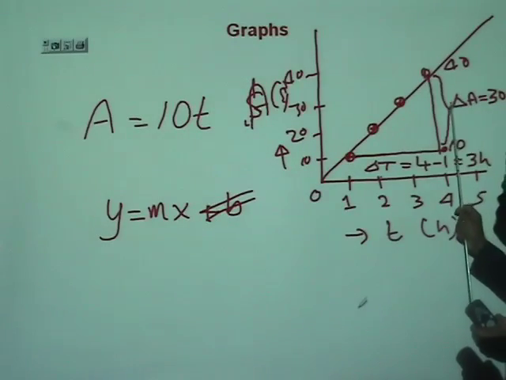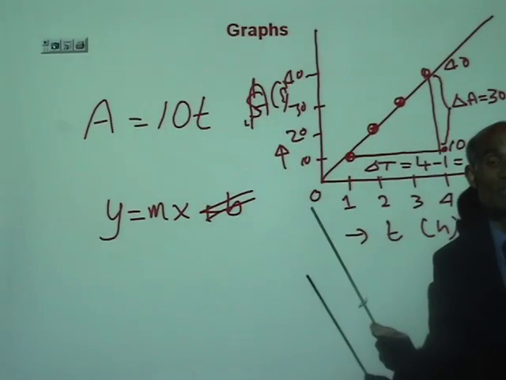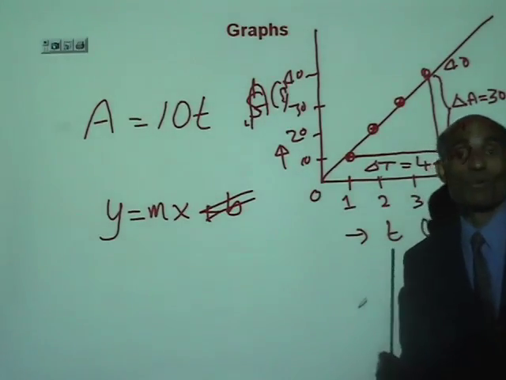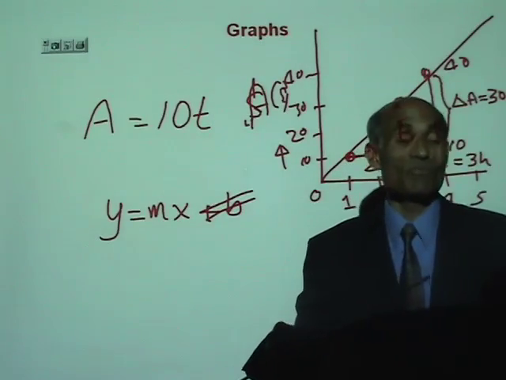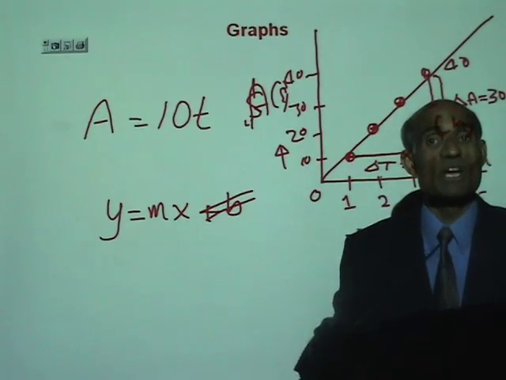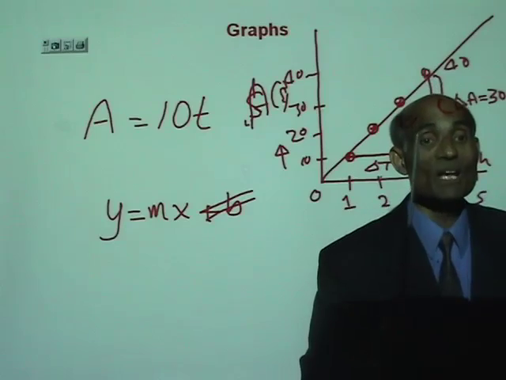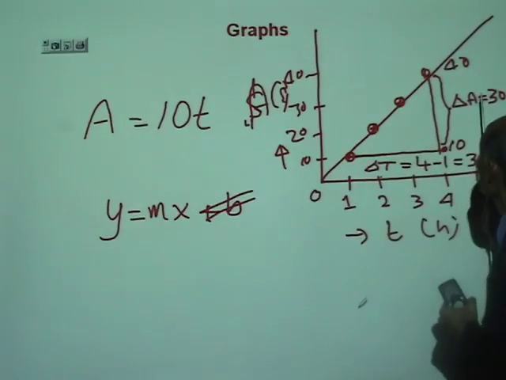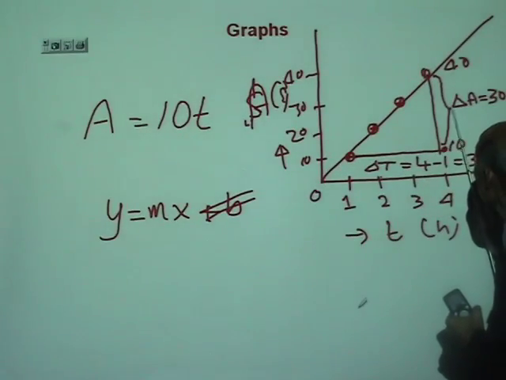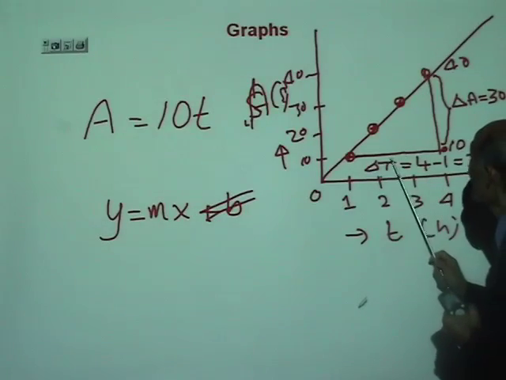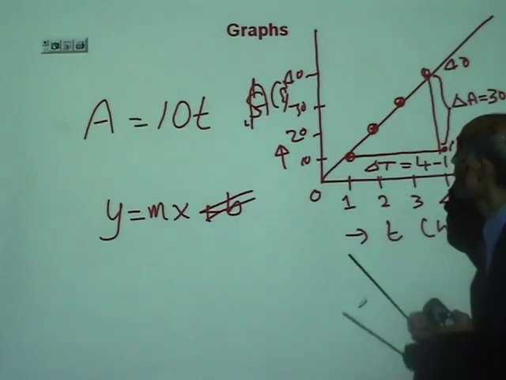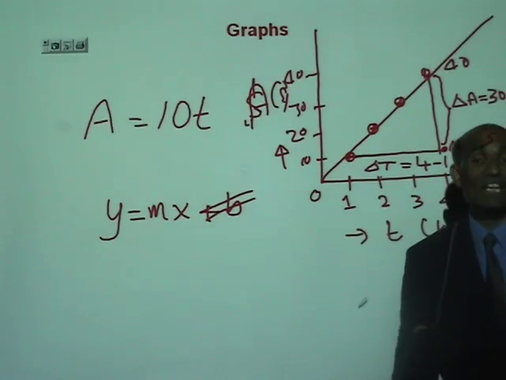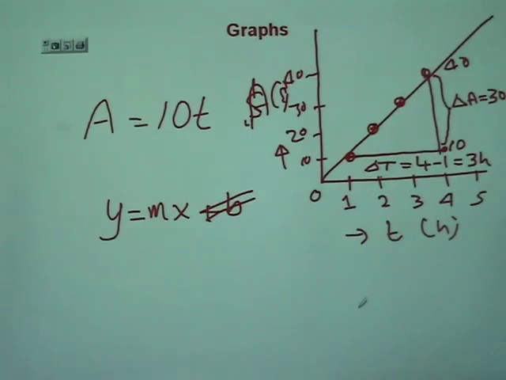Your earnings changed by $30. Therefore, what is the change in the amount if you work for 1 more hour? If you now divide the change in the amount of dollars by the change in the time, that is a measure of the slope.